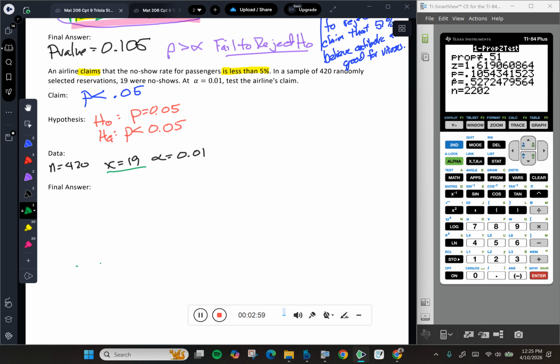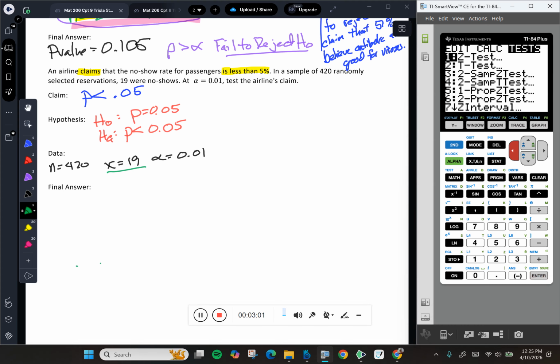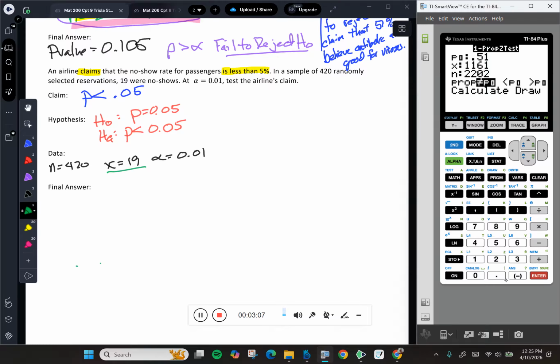All right, I've got this all set up. I'm going to run the test now. Stat, Tests, 1-PropZTest. My P sub 0 is 0.05, from the null hypothesis. My X is 19. My N is 420. And I'm doing a left tail test again.